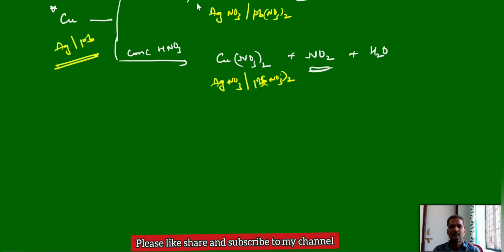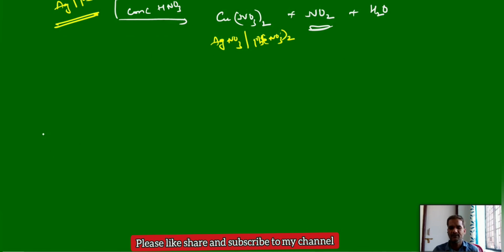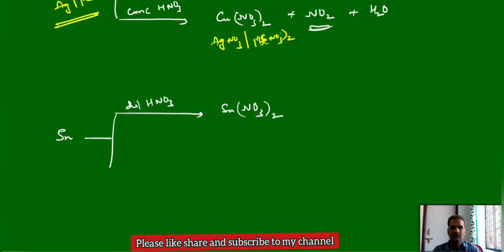Similarly, other metals: reaction with tin, again with dilute HNO3 and concentrated HNO3. In case of tin, dilute HNO3 can give stannous nitrate plus ammonium nitrate. Water is common.